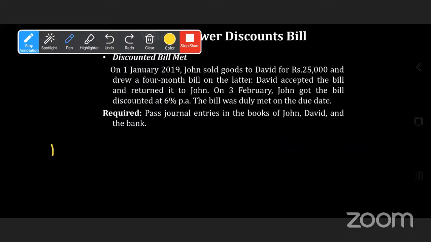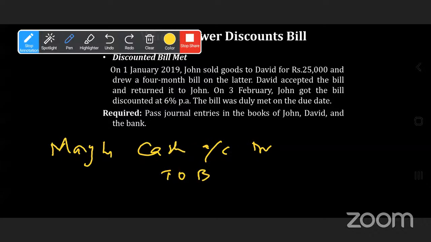May 4th is the due date according to the calculations. May 4th, cash account debit to bills receivable account, 25,000.